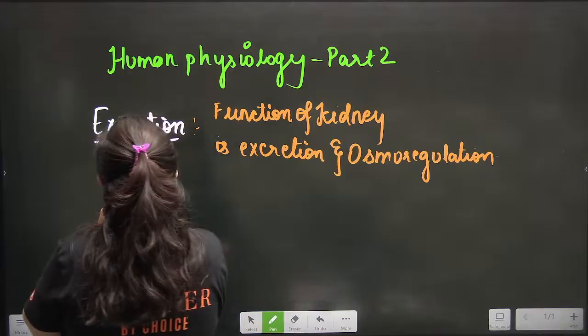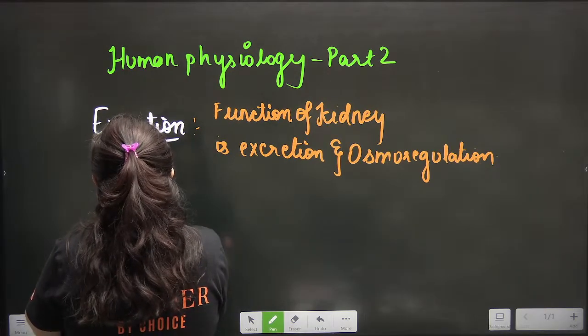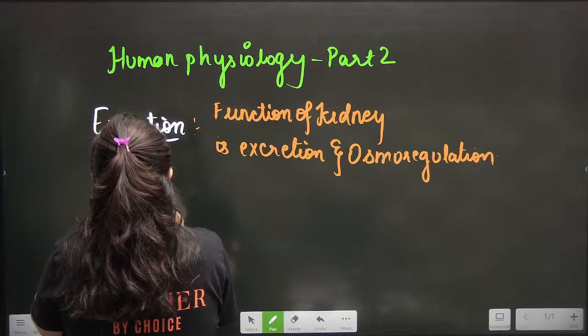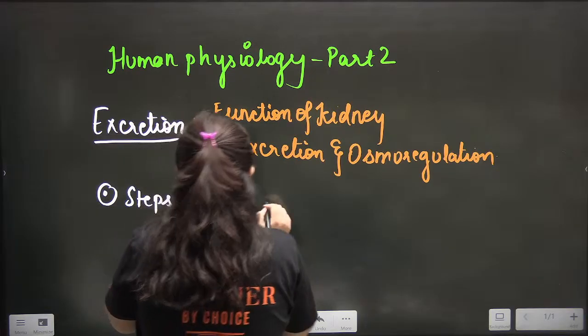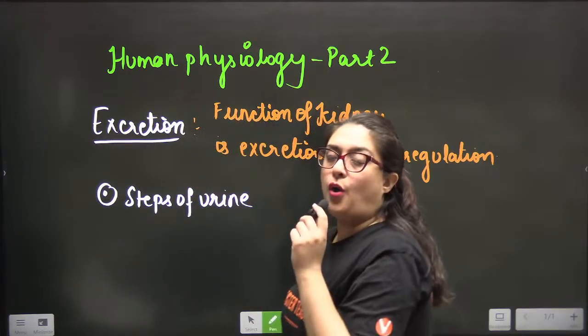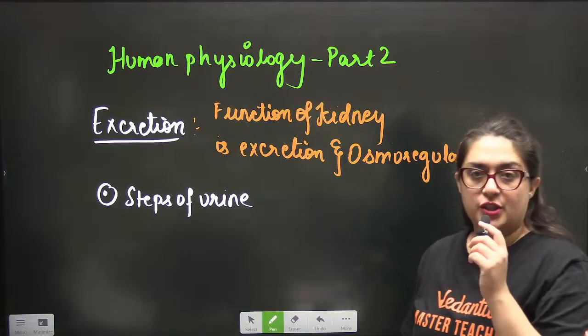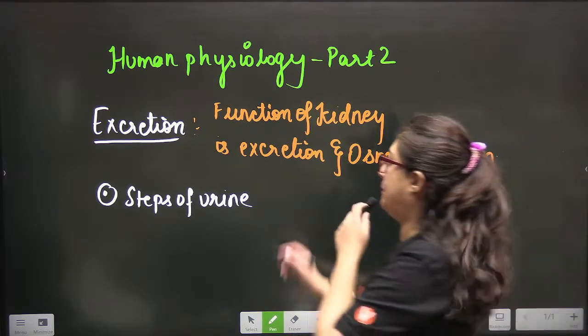Now, for doing the excretion procedure, what we will do? First, steps. Excretion in the form of urine, removal of nitrogen waste product. Which waste product? Urea.